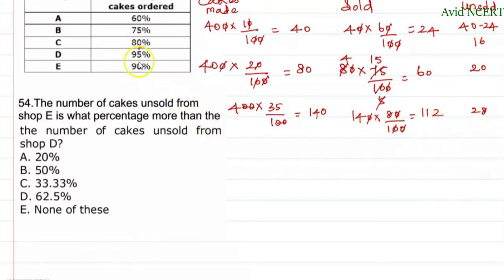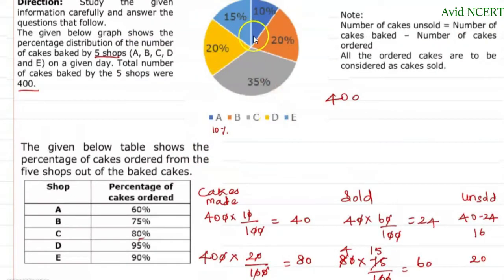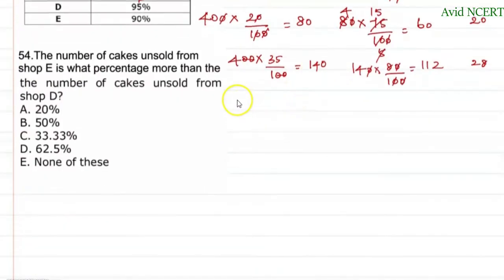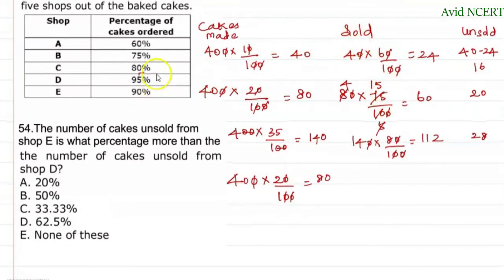And now for shop D, which is 20%. They made 20% of the cakes out of this 400. You can also find it like this: 10% is 40, so 20% is 80. Or you can also divide by 5, which is 80. So there are multiple methods to find the percentage value. The number of cakes sold here is 95%.